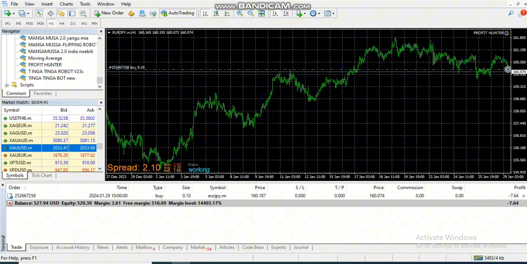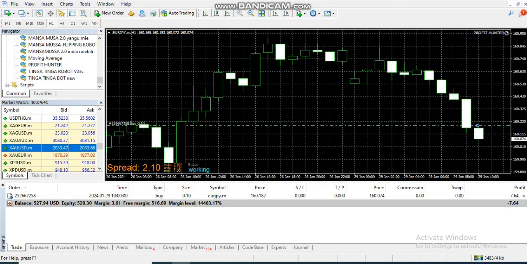So we remain with only Euro USD, and the direction of the Euro USD is in buy direction.